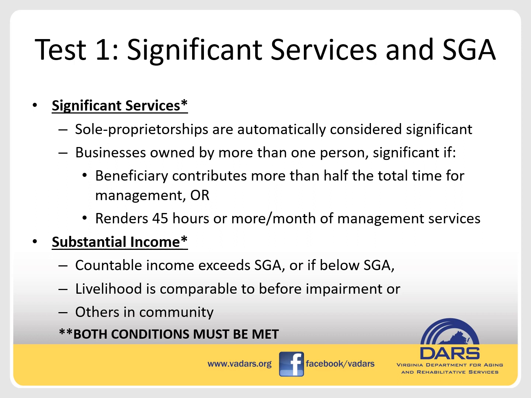Everybody knows that part. Second part to this is that sometimes when people are self-employed and on SSDI, even if their countable earnings are below SGA, Social Security may find them capable of performing SGA level work if their livelihood is comparable to what they were earning before their impairment started, or is on track with the profits of other businesses in the area. So say, for example, somebody was an office manager and they performed a ton of administrative tasks and things of that nature and did bookkeeping and several other duties that are involved with being an administrative assistant.